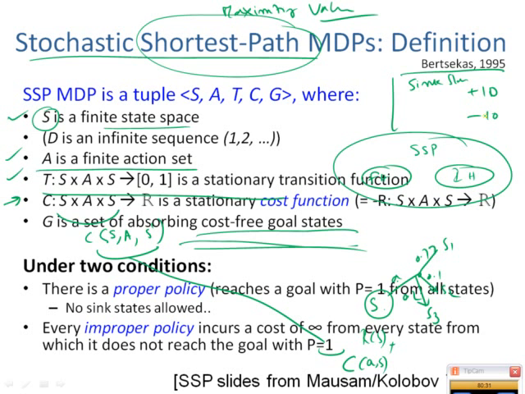In that case, none of the improper policies can ever be an optimal policy, because if you are incurring infinite cost from any state, then how can you be optimal? Unless everybody is incurring infinite cost, in which case there is no point in talking about optimal policies. Under those two conditions, it can be shown that stochastic shortest path MDPs will have an optimal policy.